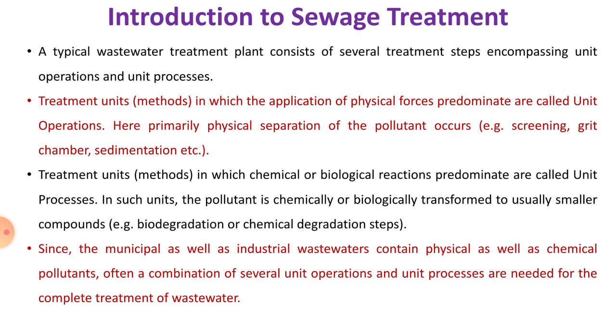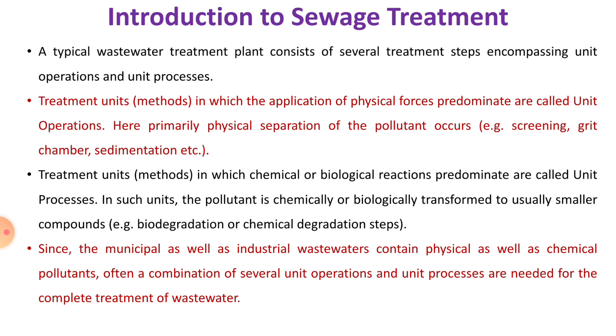Whereas when the physical separation of the pollutant is carried out, those operations are called unit operations. Since municipal as well as industrial wastewater contains physical as well as chemical pollutants, often a combination of several unit operations and unit processes is needed for the complete treatment of wastewater.